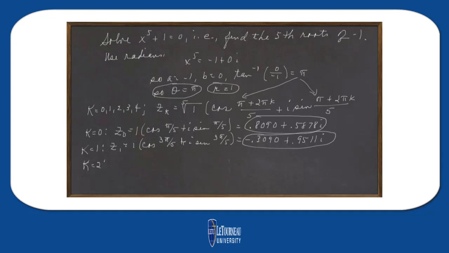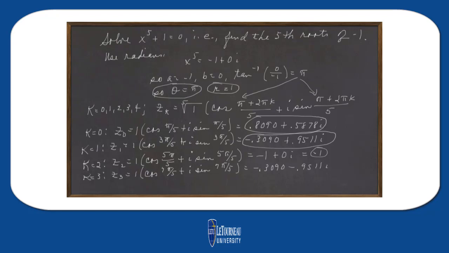So we have the second fifth root. Now k is 2, and so pi plus 4 pi is 5 pi, and that one's easy. K equals 3, z3 will be the cosine of 7 pi over 5, and you now know how we're getting those, so we use our calculator there.